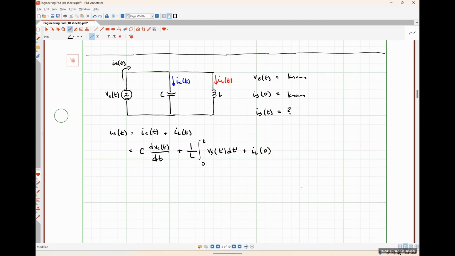And again, since Vs is a known quantity, I can probably integrate it pretty easily, okay? The only thing that we don't currently know is what my inductor current is doing at exactly t is equal to 0. Instead, I was given what my source current is doing at t is equal to 0. Can any of you guys think about how I might be able to figure out what my inductor current was doing at 0?